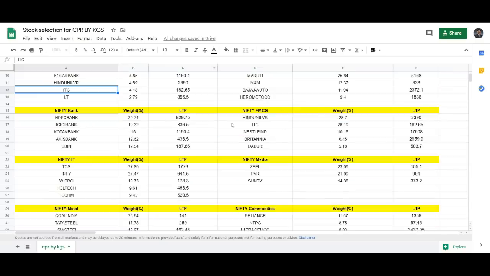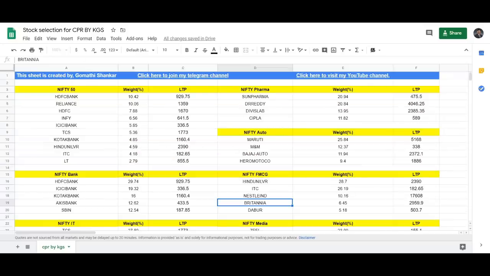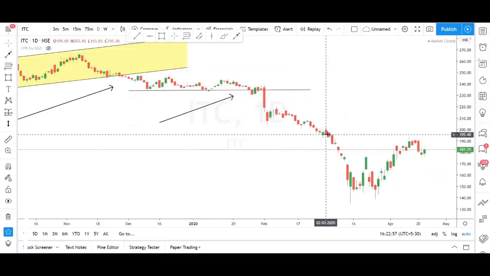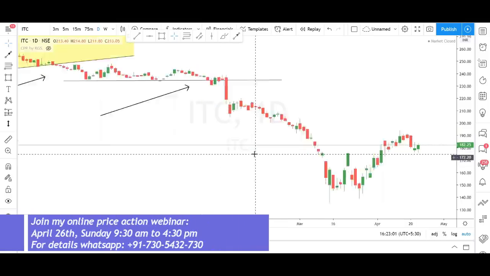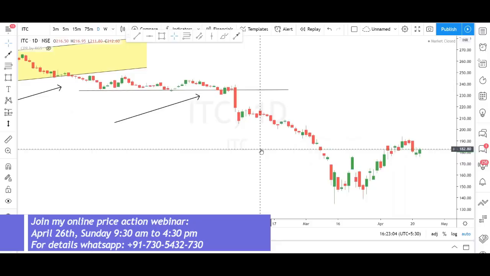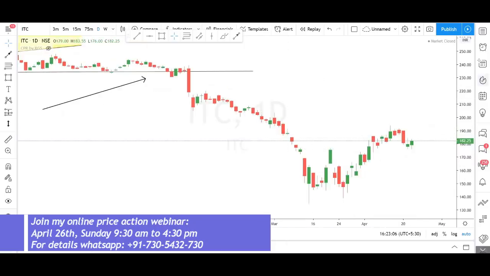If you are selecting any stock from this list, don't take it immediately and don't take it blindly. Do your analysis in these stocks, and check where you can enter. So this is how you have to select a stock for intraday.